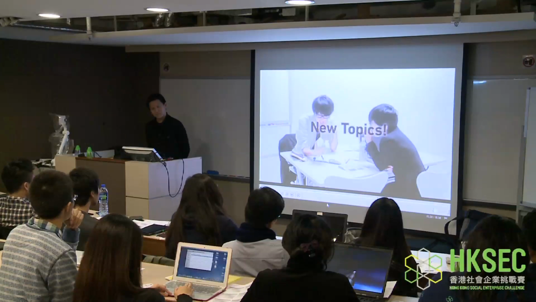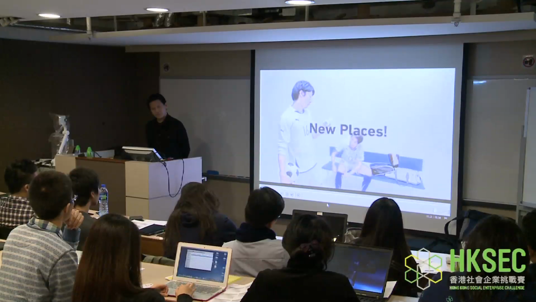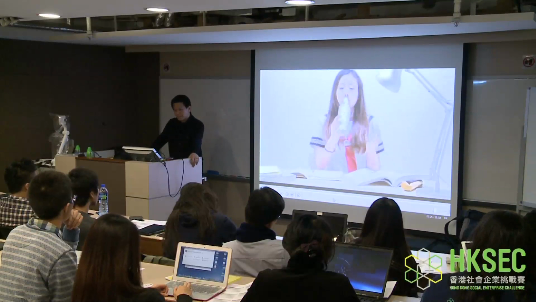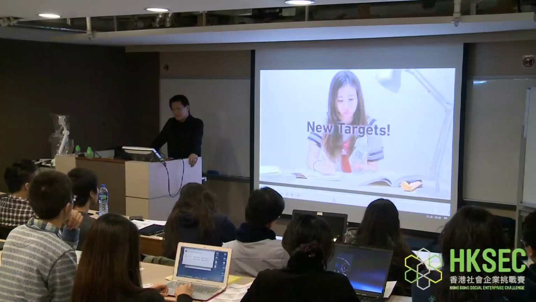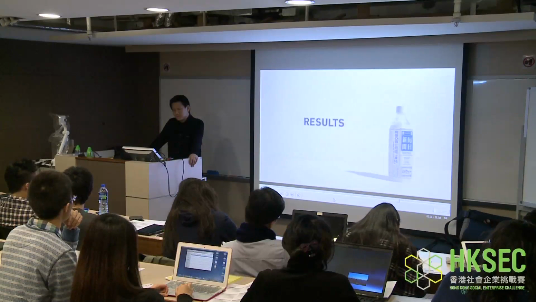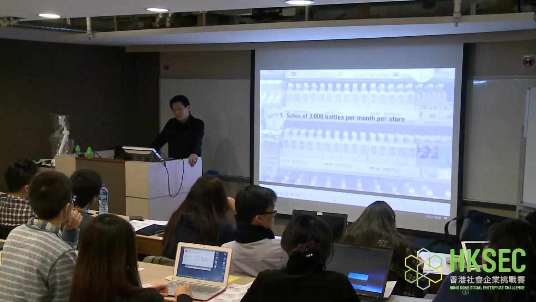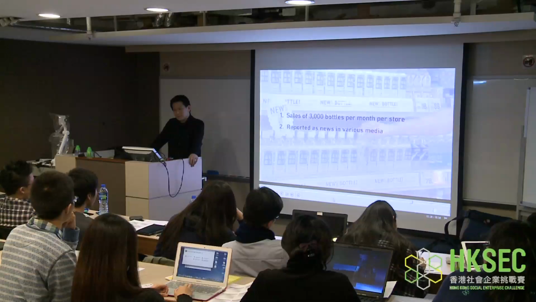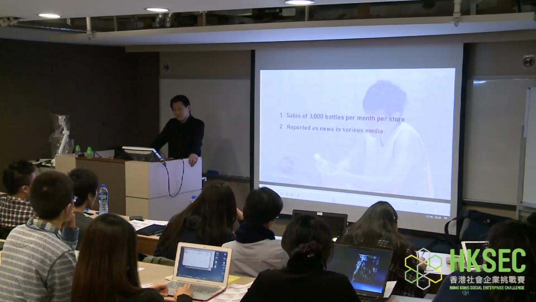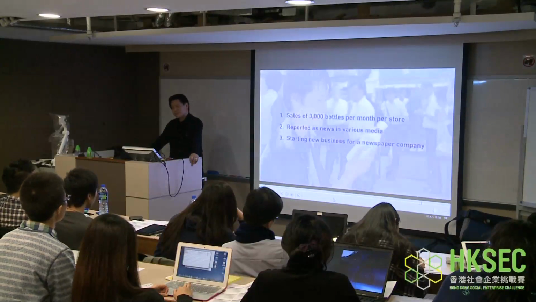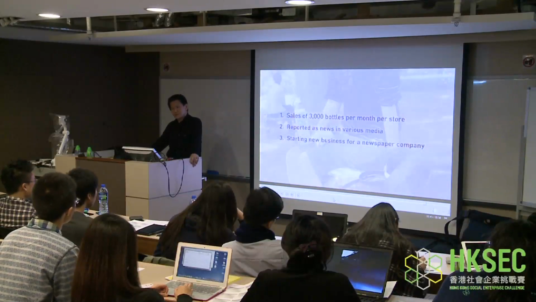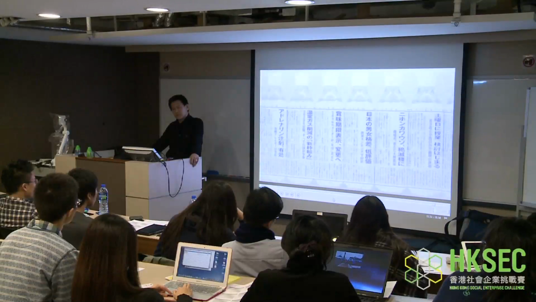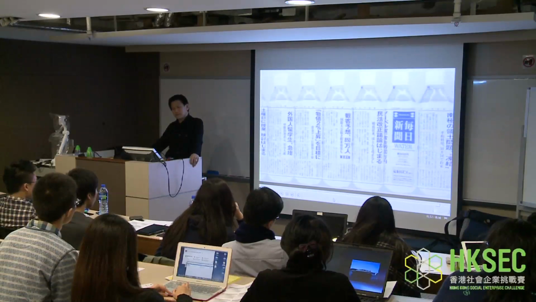For ideas while at work, at places where you couldn't read newspapers, for young people who want to read newspapers easily. We were able to sell 3,000 bottles per month per store. Also, this was reported as news in various media, successfully raising awareness among young people. Finally, we received many inquiries about using the news bottle for advertising, creating new business for the company. We have now turned a new page for the newspaper medium.